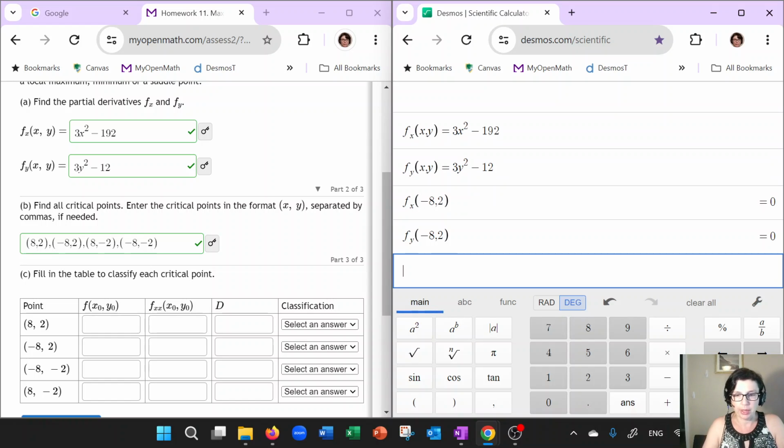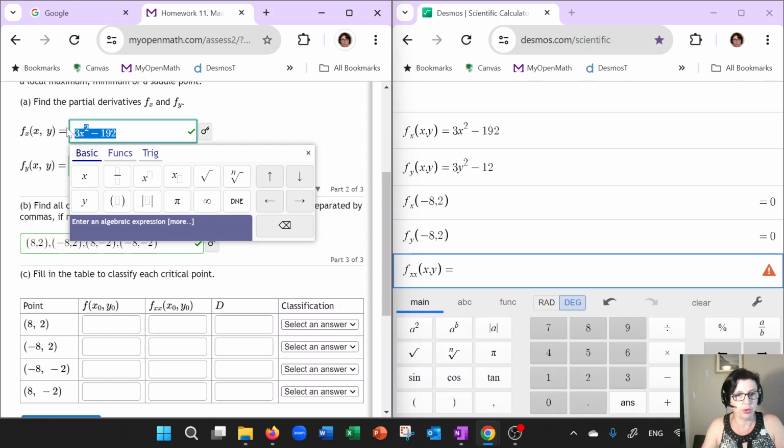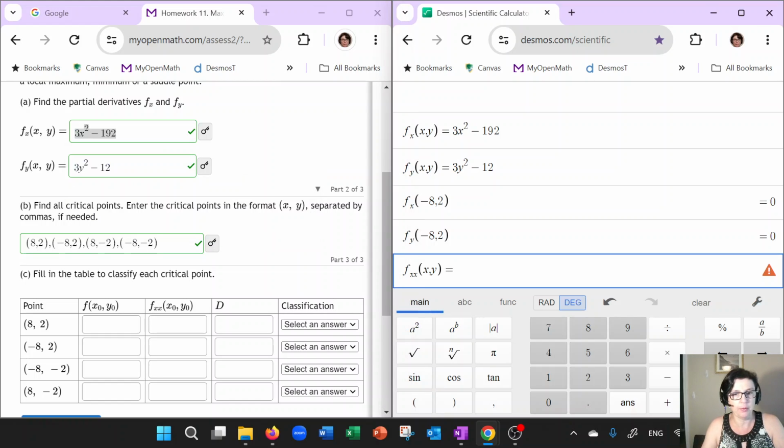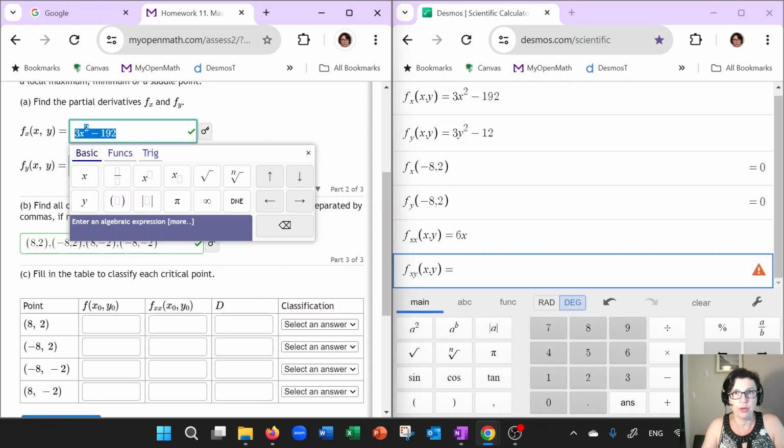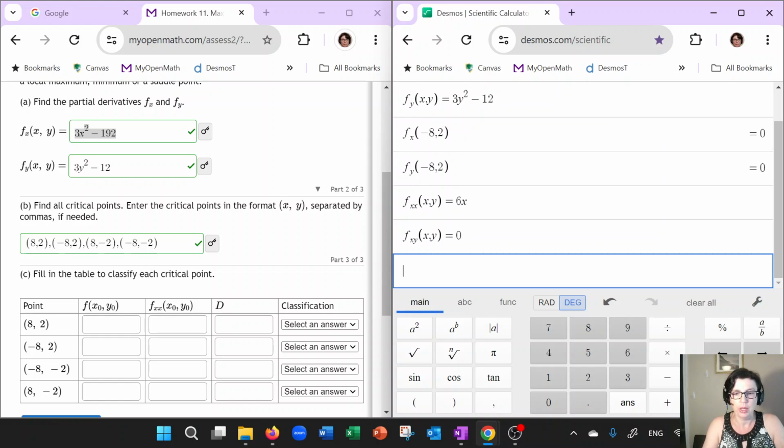The next part is to compute fxx, which is the derivative of this term with respect to x, and that'll give me 6x. Next, fxy. We take this again and now take the derivative with respect to y. Since none of the terms have y in them, that's just going to be 0. And finally, fyy will become 6y.